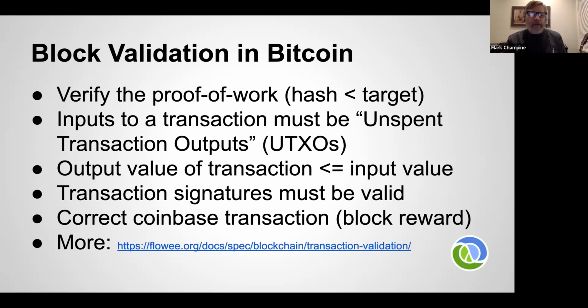It's the so-called block reward. So as I said, there's a special transaction that gets added to all the other transactions between people, and this special transaction essentially creates the cryptocurrency out of thin air, and that gets paid to the miner. So there's a bunch more things in the validation step, but you can find those online.